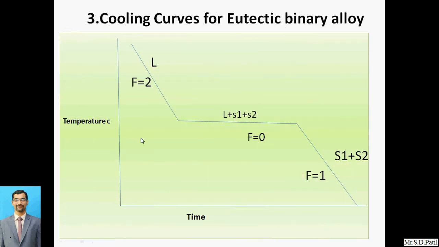Before explaining this cooling curve, again I will repeat what a binary eutectic alloy is. Basically, a binary eutectic alloy is a homogeneous mixture of two solids which forms at a constant temperature during cooling and melts at a constant temperature during heating. When the heating process goes on, that is, when we are increasing the temperature, whatever phases are there get converted into liquid.